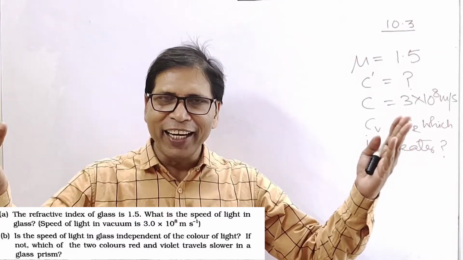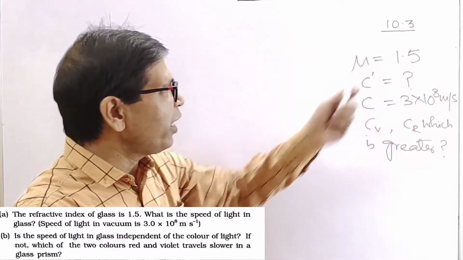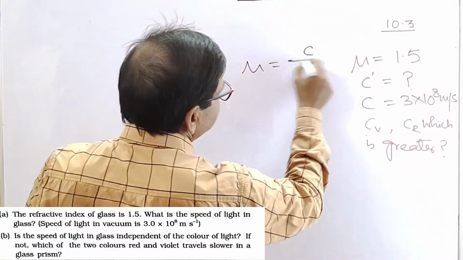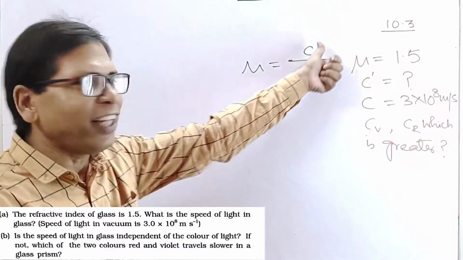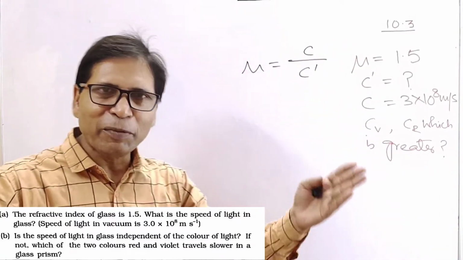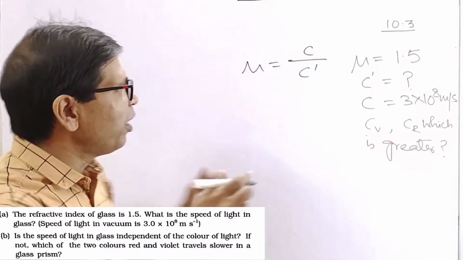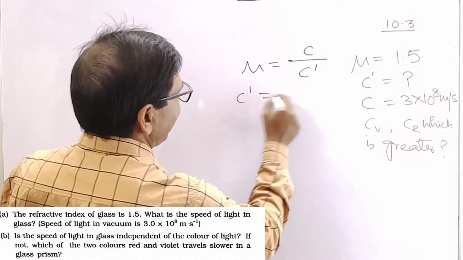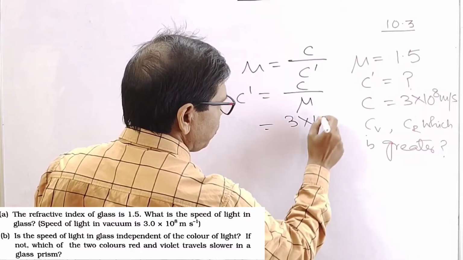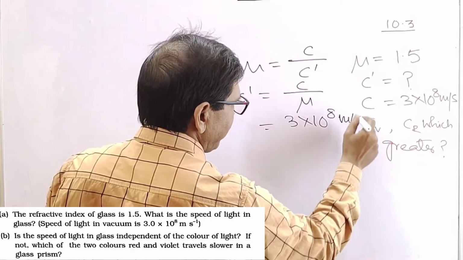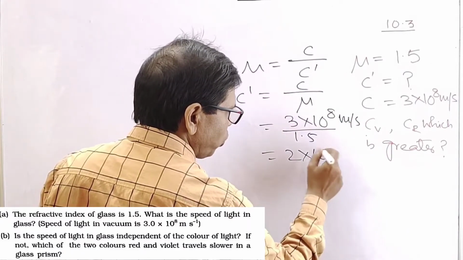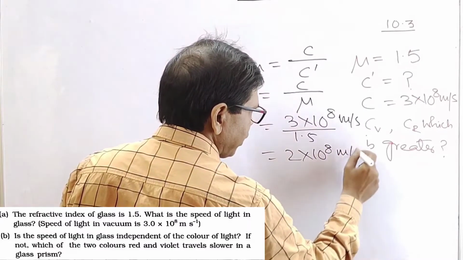What is the relation of velocity with mu in different media? Now mu equals C by C dash, where C is the speed of light in vacuum and C dash is the speed of light in that medium. So C dash equals C by mu. So this is 3 into 10 to the power 8 meter per second divided by 1.5, so this is 2 into 10 to the power 8 meter per second.